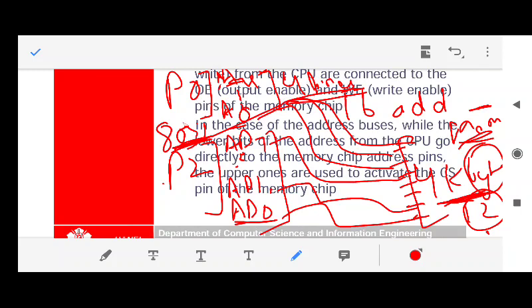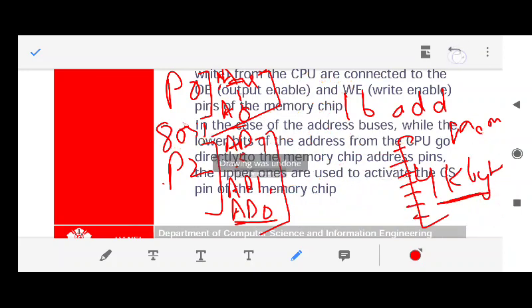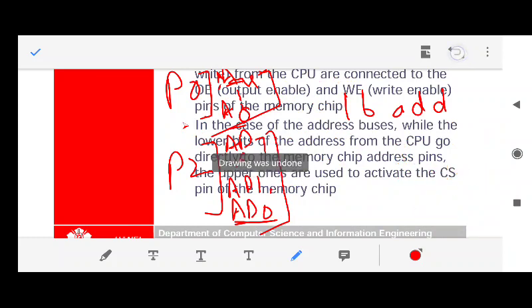So how will these 4 address lines be used? These 4 address lines will be used to select this chip. Please remember this point. The remaining 4 address lines will be used to select this chip, because in a typical system you have n number of memories connected to 8051.